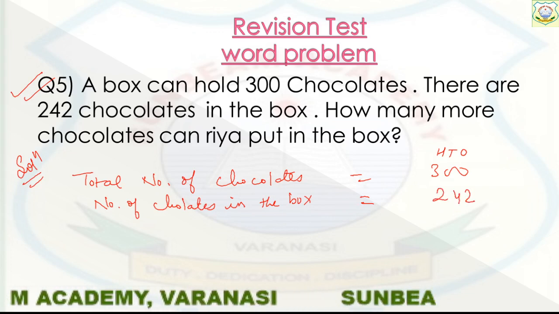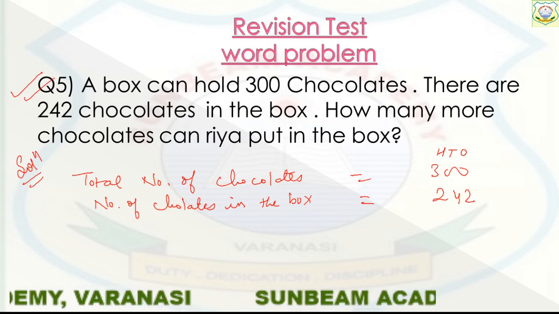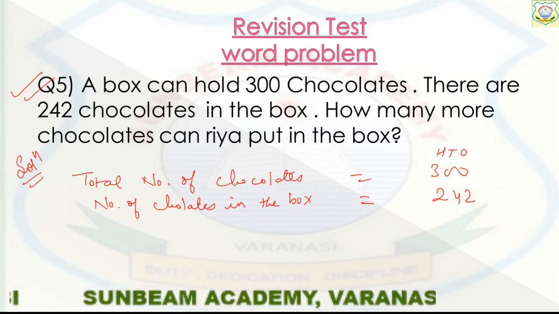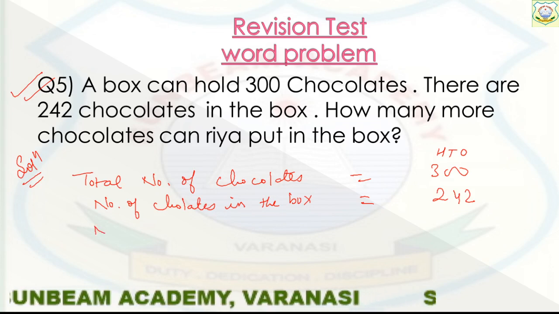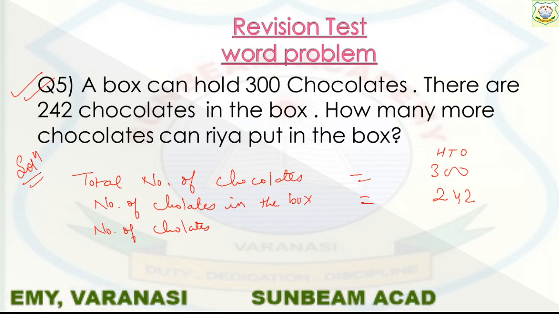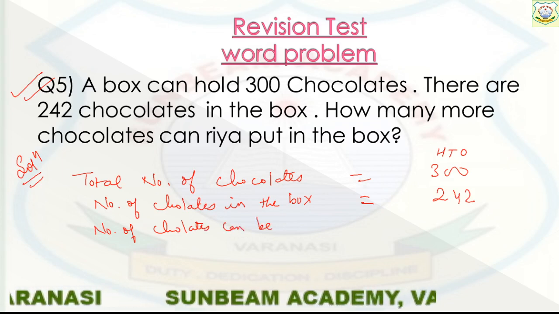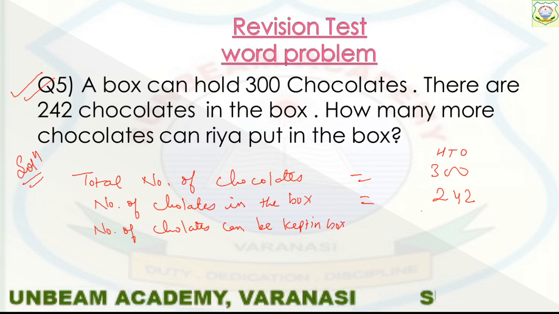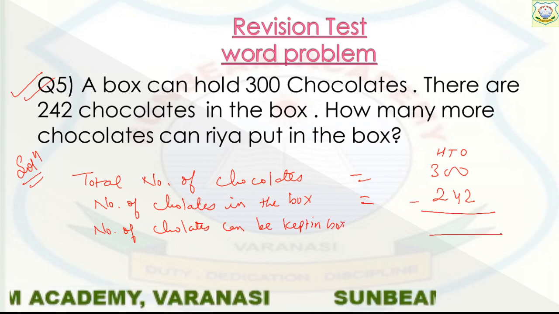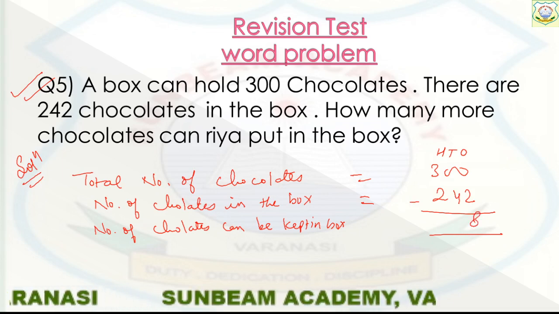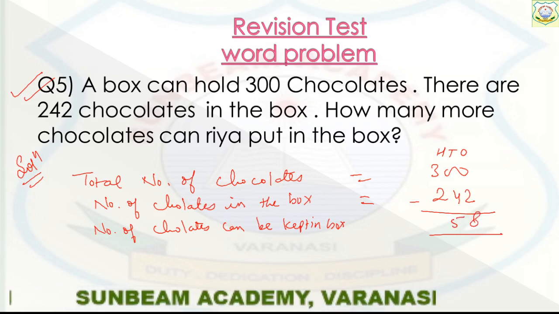Then next line. How many more chocolates can Riya put in the box? Number of chocolates that can be kept in the box. How many? Just subtract it. So 10 minus 2 is 8. 9 minus 4 is 5 and this is 0.